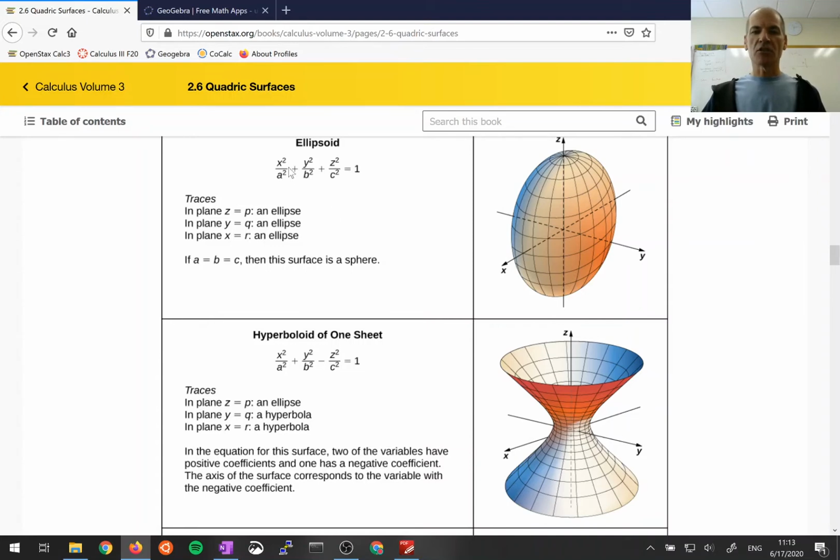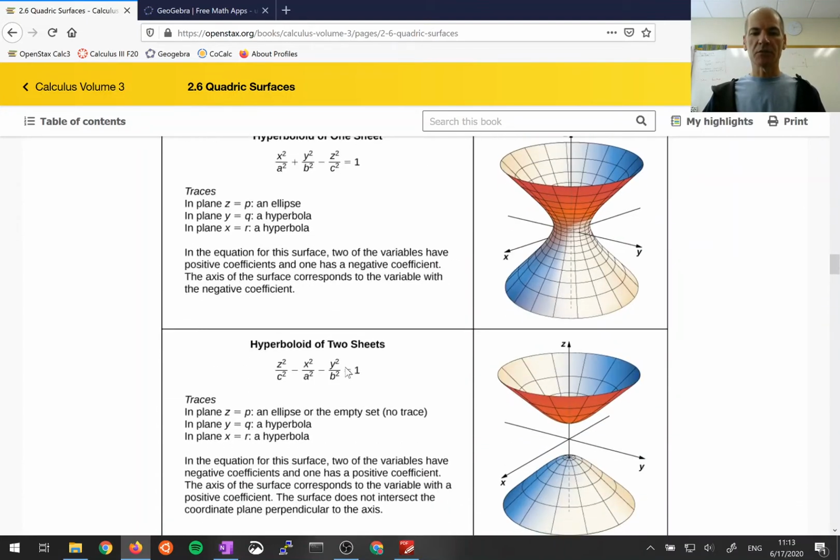If we change the sign on two of these positive terms, in this case x squared and y squared, but it could be z squared, all that's going to do is change the orientation. We get a hyperboloid of two sheets.